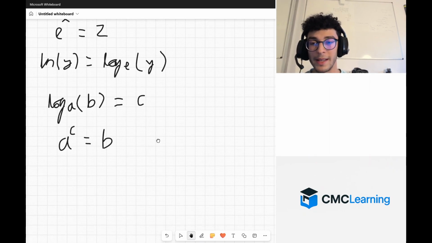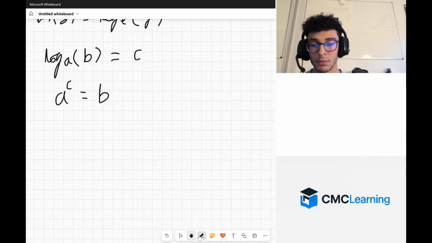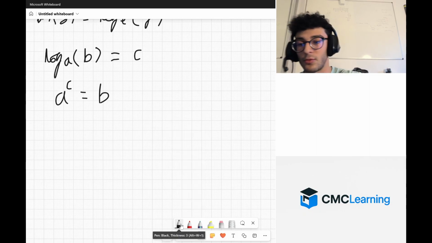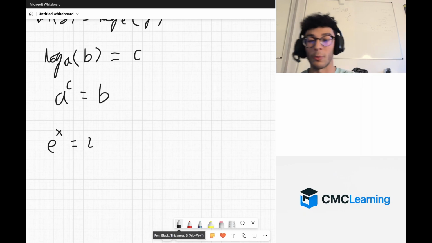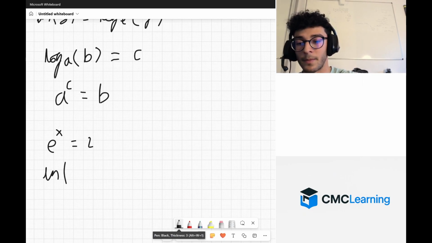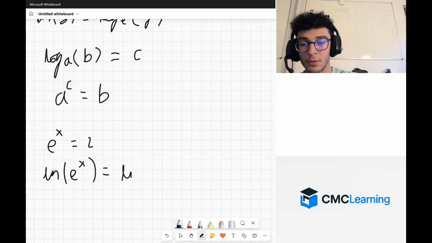We need to do e to the x equals 2. So let's apply the natural logarithm to both sides. It's equal to the natural logarithm of 2.